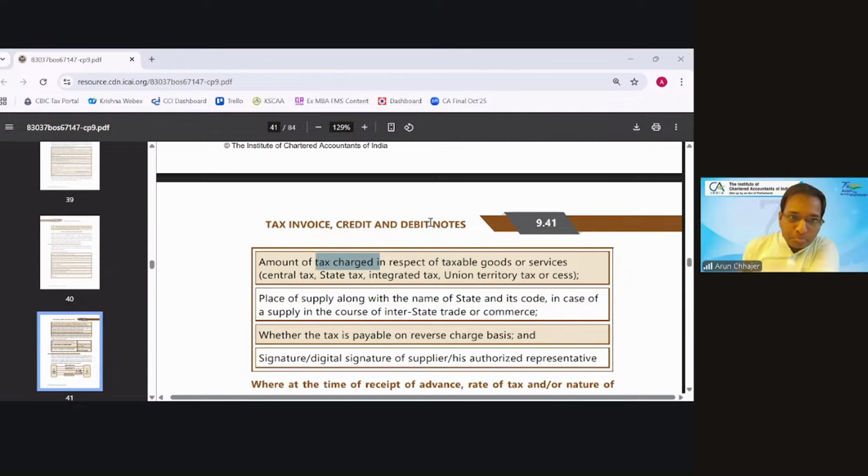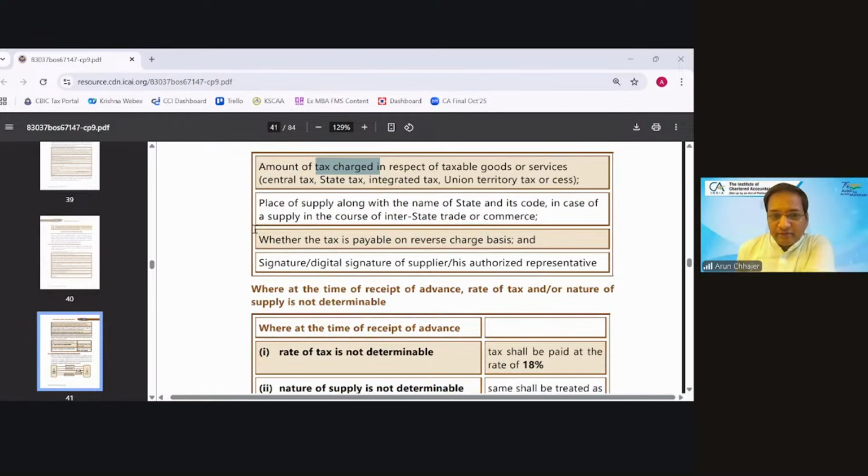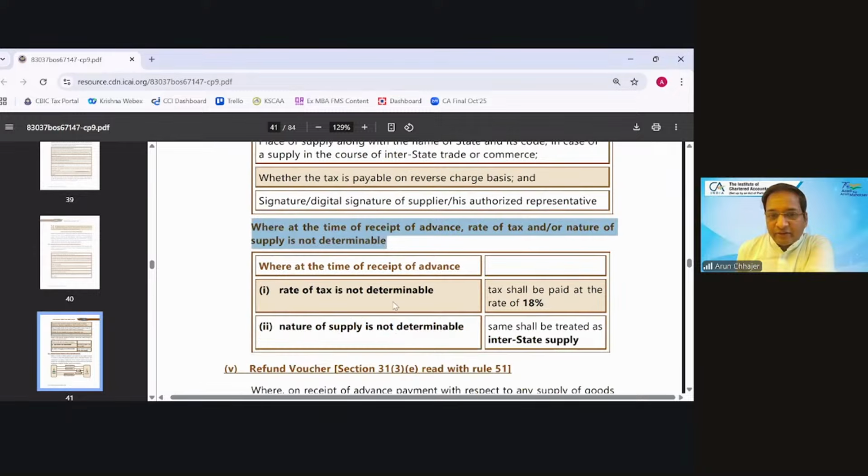Where the tax is payable under reverse charge basis, that is okay. Where at the time of receipt of advance the tax rate is not determinable, then you will assume 18%. If the nature of the supply is not determinable, then you will assume interstate supply.